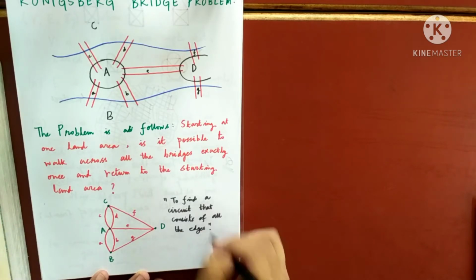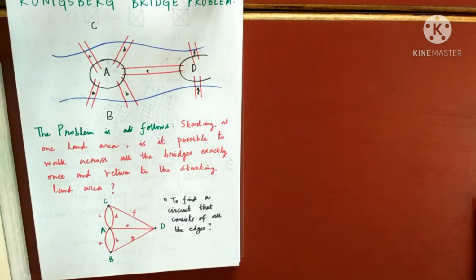A circuit means repetition of edges is not allowed, so you have to find a circuit that consists of all the edges of this graph. That means you have to find a circuit of length 7 in this graph. Did you understand up to here?